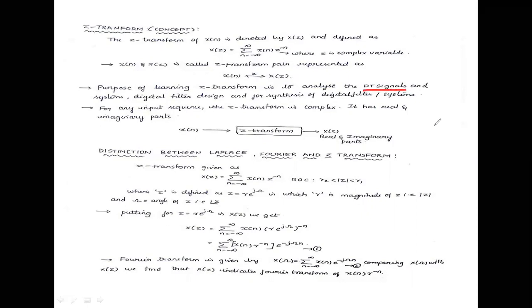Fourier transform and Laplace transform are for analyzing continuous time signals. The purpose of learning the Z transform is to analyze discrete time signals and systems, digital filter design, and synthesis of digital filters or systems.